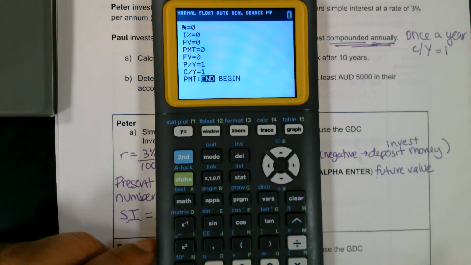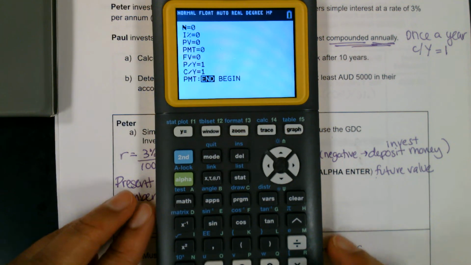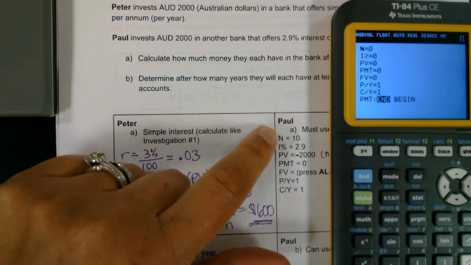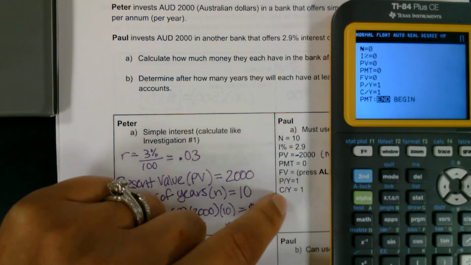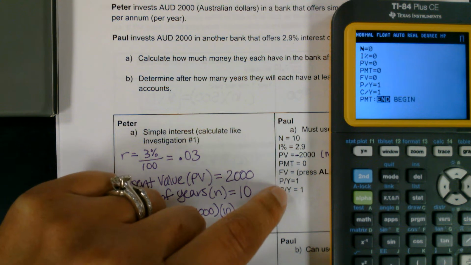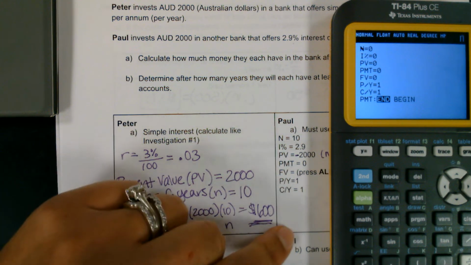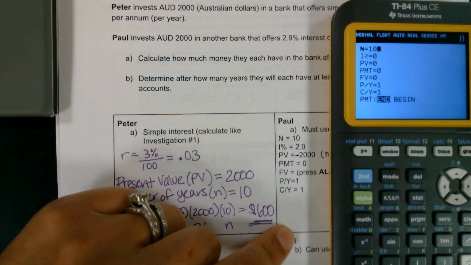You will now notice that we need to fill in these numbers, the numbers exactly like we have here. So I am going to be having you write these out with the correct numbers in them before we go to our calculator. It always helps. So let's see, N is 10, enter. I is 2.9, enter.